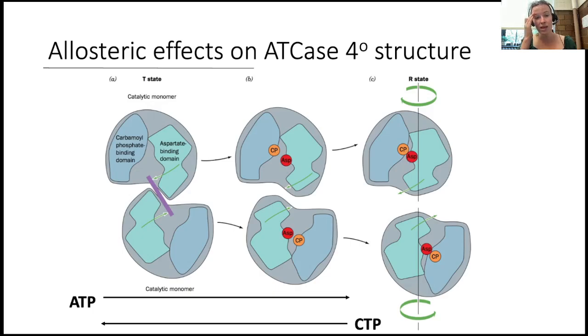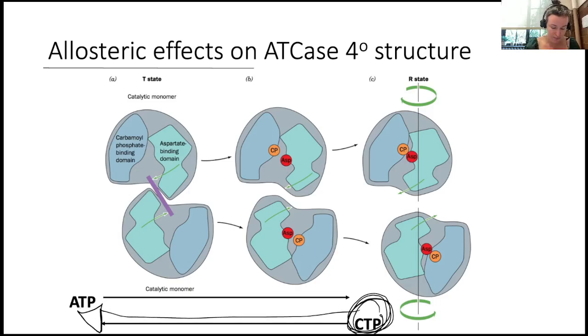So this enzyme is a dimer, right? Two subunits interacting with each other. What happens is when CTP binds, it pushes us from the R state to the T state.